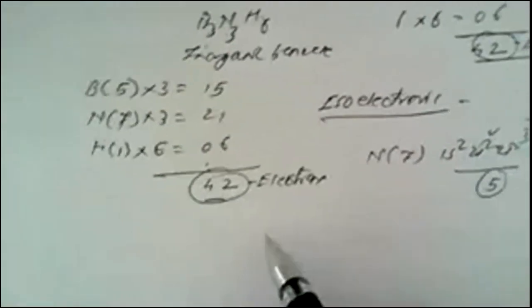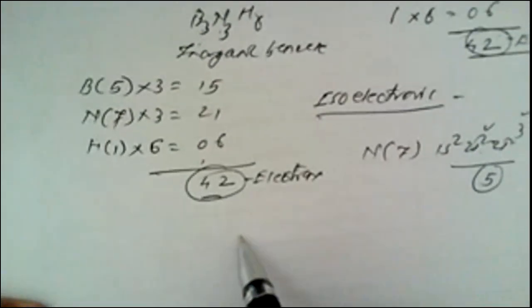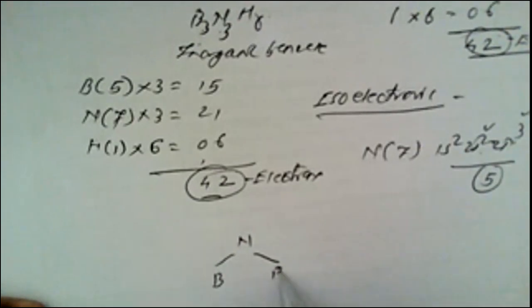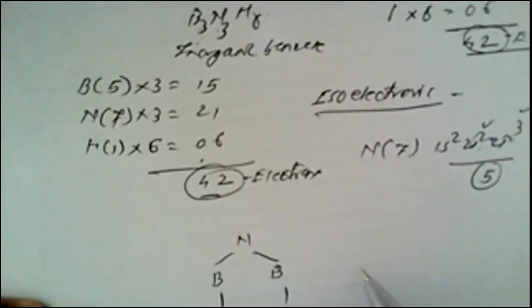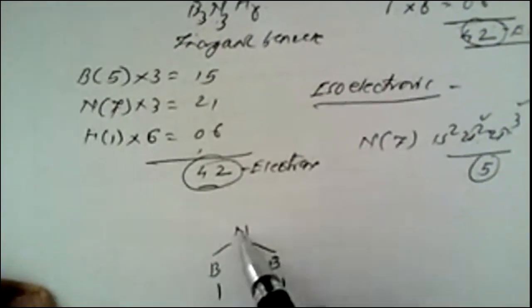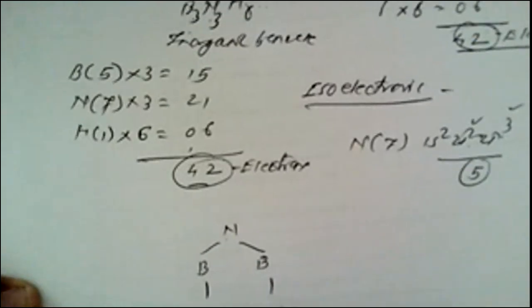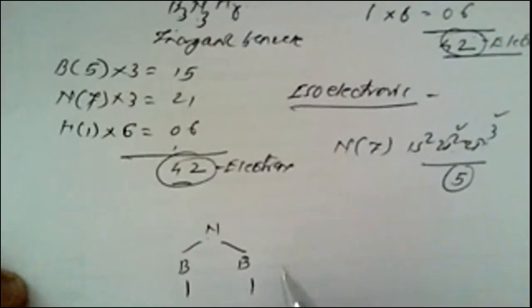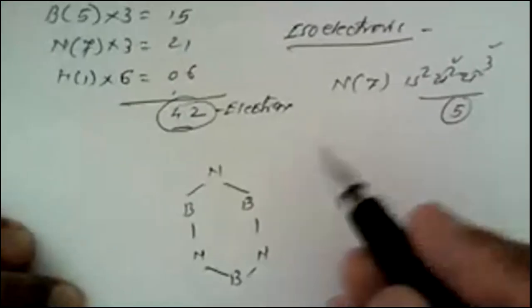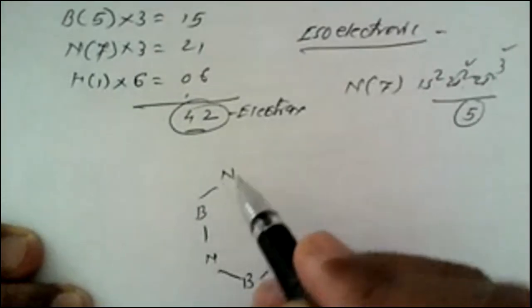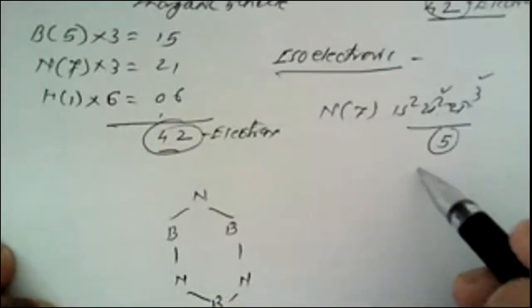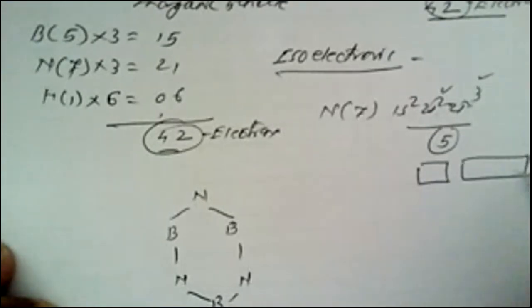So here I would like to make an elaborate structure. These are the boron atoms, these are the nitrogen atoms, and this is a boron atom. So here alternately boron and nitrogen atoms are there. So here this nitrogen, this is a 2s and this is 2p, 2s2, 2p3.